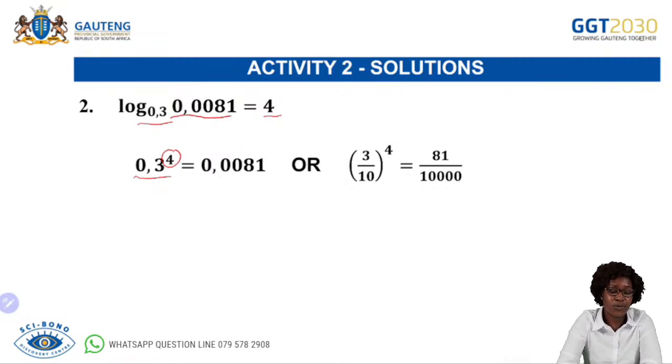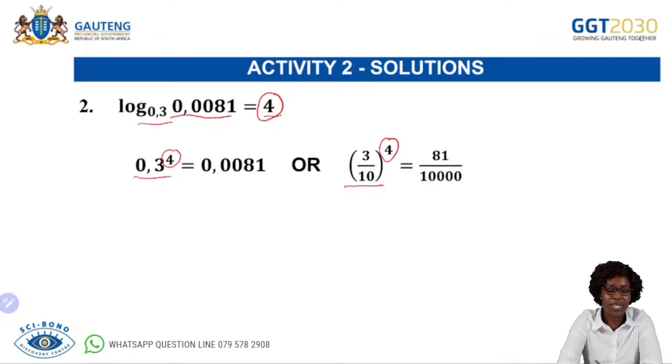Again, like the previous one, remember that you can change decimals to fractions and also fractions to decimals. So 0.3 when changed to a fraction becomes 3/10. And you can now change the base 0.3 to 3/10, and then you take the 4 to become your exponent.